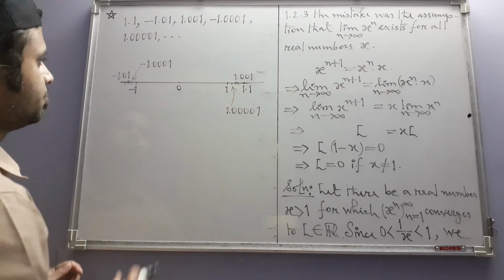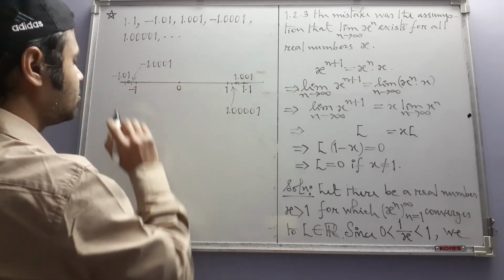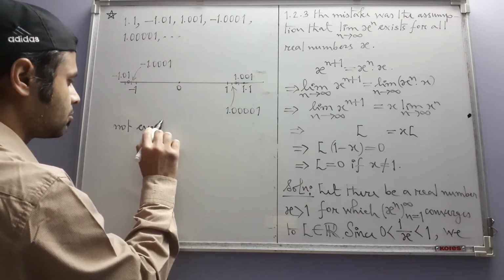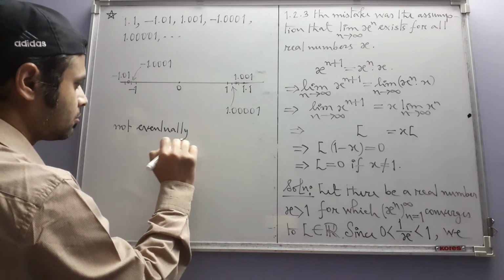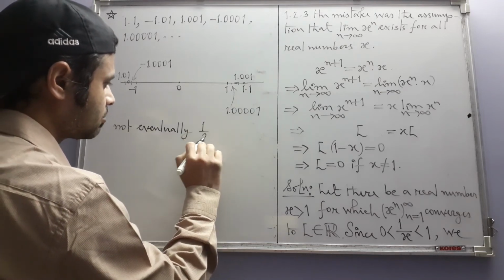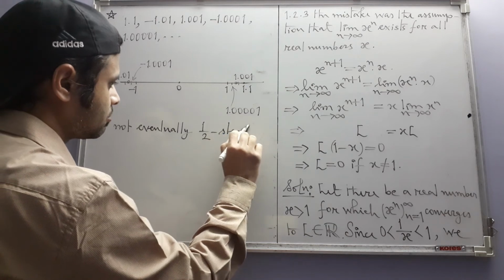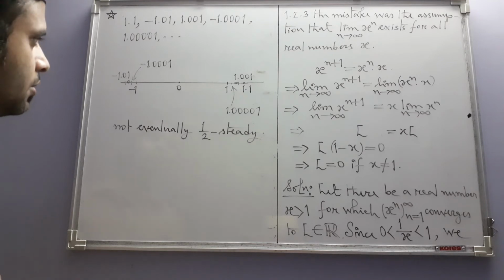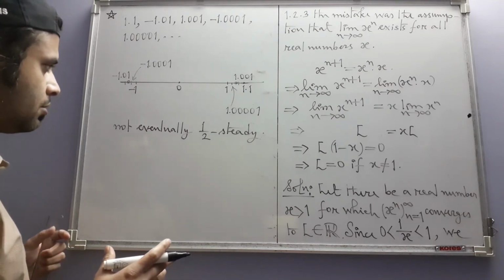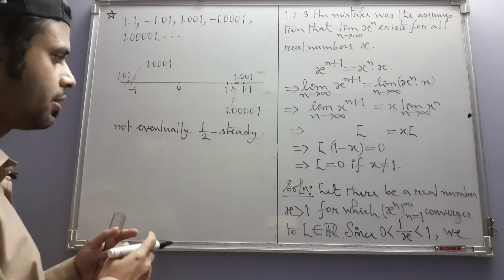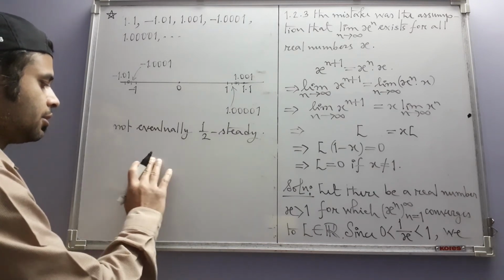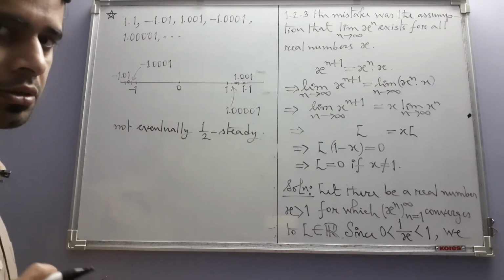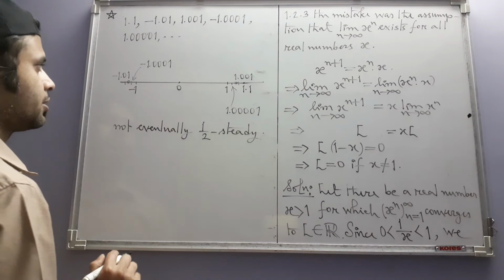For example, the sequence is not eventually 1 over 2 steady. You cannot find a stage such that after that stage the difference between any two terms of the sequence is less than or equal to 1 over 2. That is not the case.